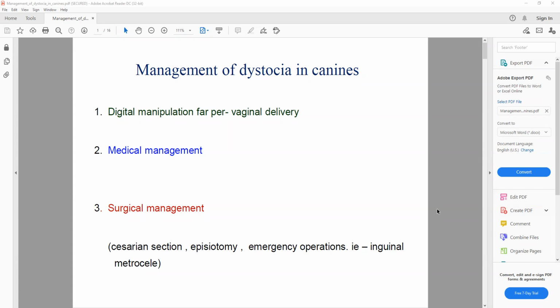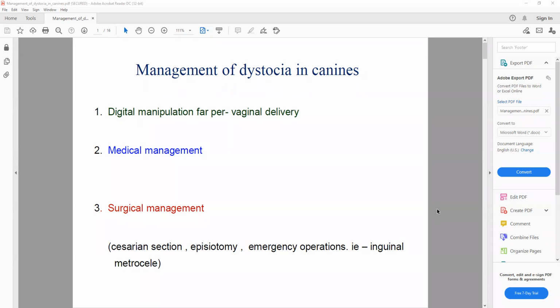On what criteria will you physically examine her, and once you come to the conclusion that yes, this is a confirmed case of dystocia, then you will start manipulating, or you can say managing it.